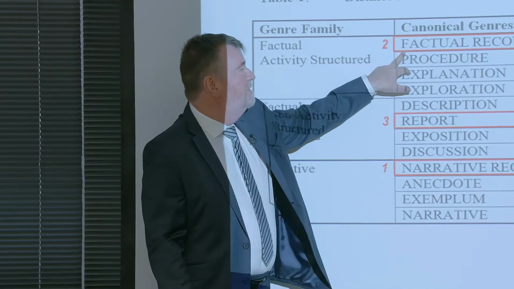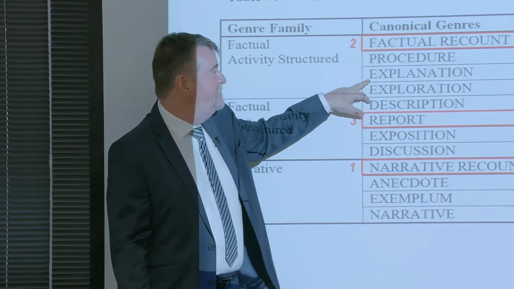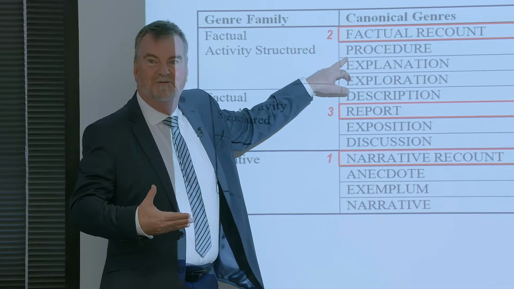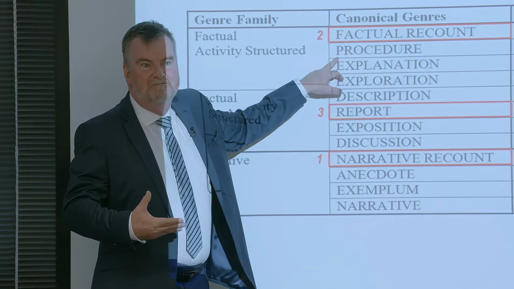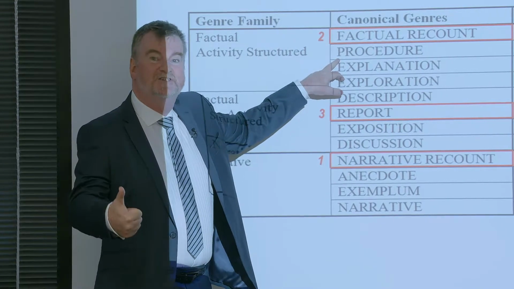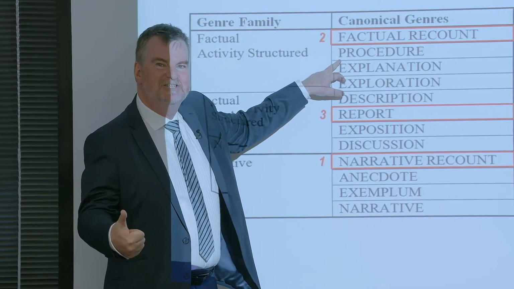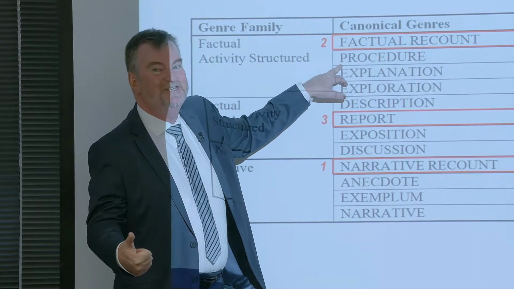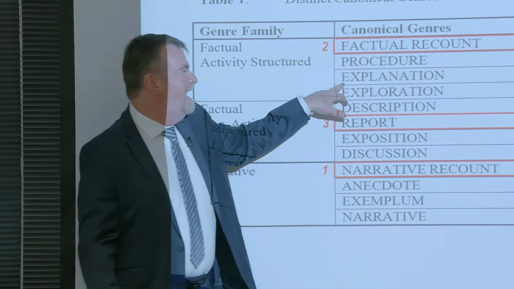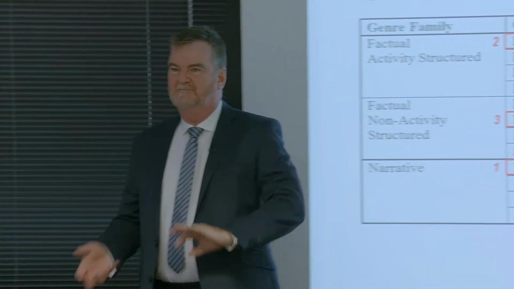They include, for example, factual recounts and procedures. Procedures could be generally useful for business process management, re-engineering, and information systems development. Then there are explanations and explorations, which are slightly modified versions of these factual activity genres.